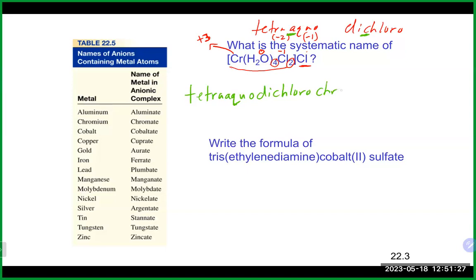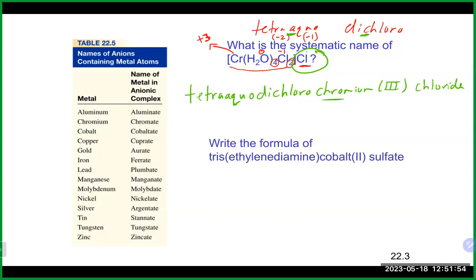Again, we're going to go with chromium and our Roman numeral 3. So that's the complex ion part. Once again, the metal comes at the end of the complex ion part, not necessarily the end of the name in this case, right? But just the end of the complex ion part of the name. And then we have just the Cl, which will be chloride, like a normal anion, ide. Any questions on that one there?